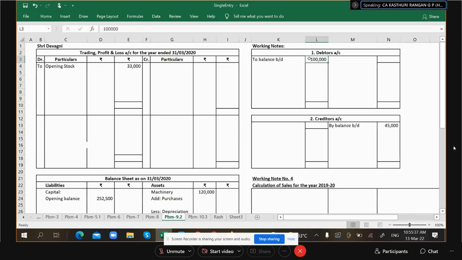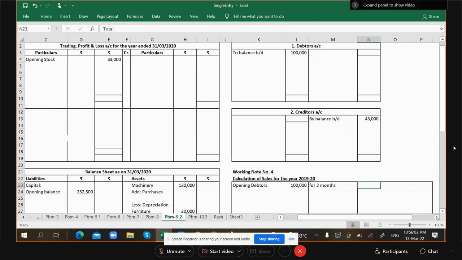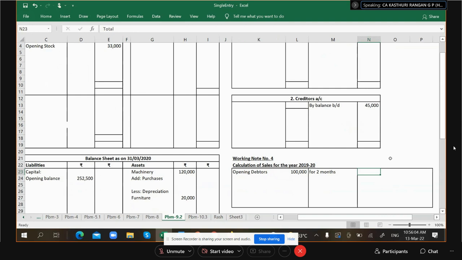If the opening date debtor is 1 lakh, what would be the sales of the last year? You have to find out. So this 1 lakh is the sales for 2 months. If the sales for 2 months is 1 lakh, what will be the sales for the last year? Opening debtor, how much? 1 lakh. This is sales for 2 months.